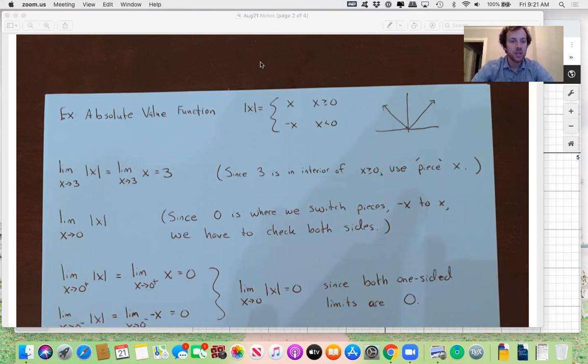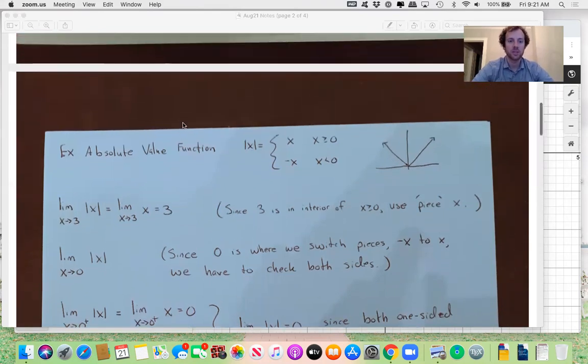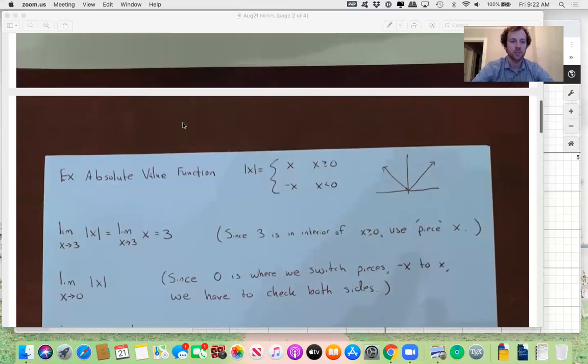So for instance, if you want to say, take the limit as x goes to 3 of the absolute value of x. A little less stuff. If you want to find the limit as x goes to 3, well, 3 is well inside this. It's not at a switching point.